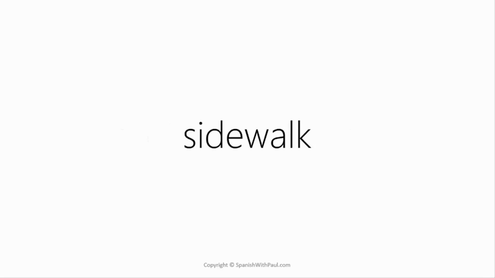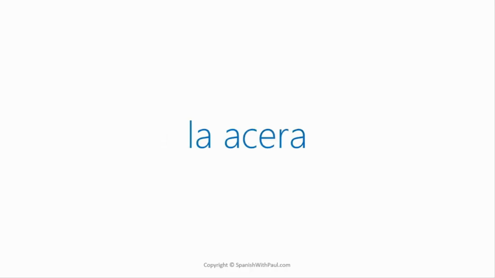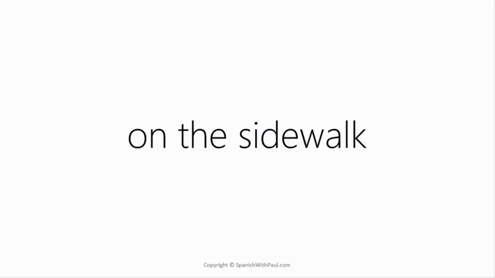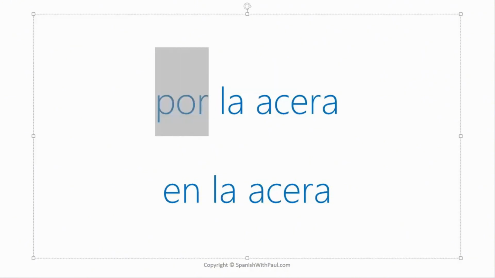What's the word for sidewalk? Acera. The sidewalk? La acera. To say on the sidewalk, we have a choice in Spanish. We can say por la acera or en la acera. Both ways are correct. But for the rest of this module, I'm going to use the first choice here, por. So anytime we want to express on the sidewalk, on the road, on the pedestrian crossing, we'll elect to use this first option here, por.